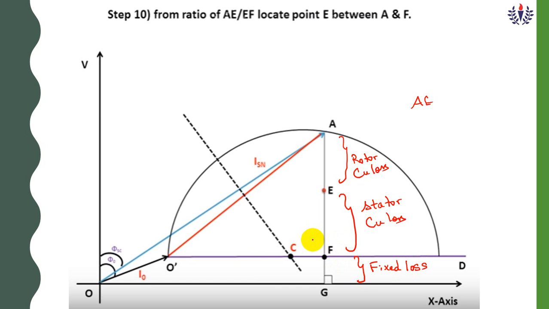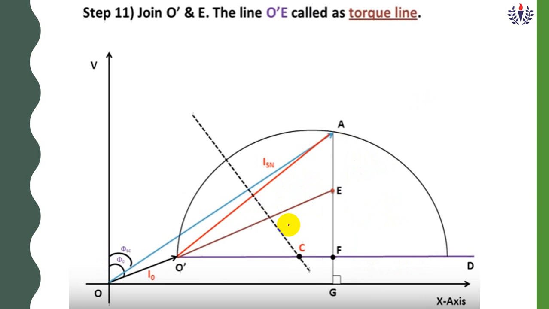This red color line O to A is the output line, and O dash to E is the torque line.